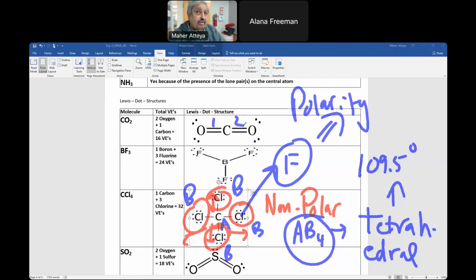We have 2 sets of double bonds, so we have 2, correct? How about here? 1 single bond, second single bond, third. We have 3 regions or zones. And here, how many? 1, 2, 3, 4 single bonds. 4 single bonds means we have 4 zones, 4 regions.